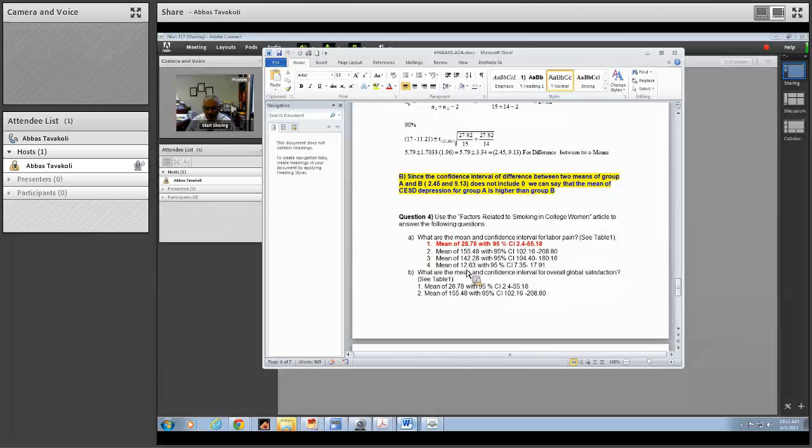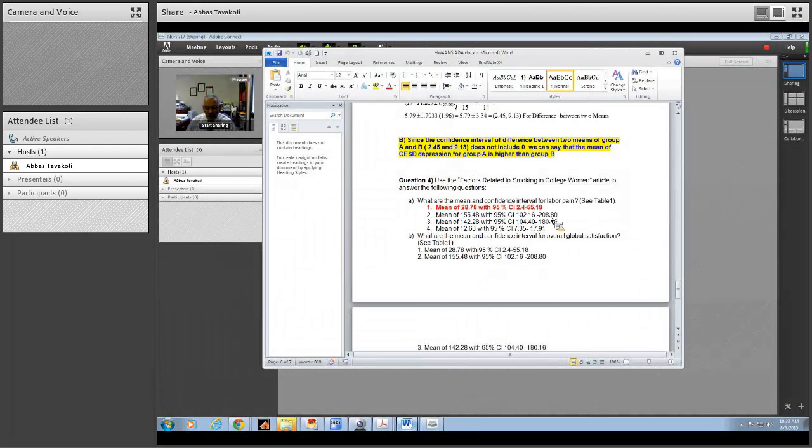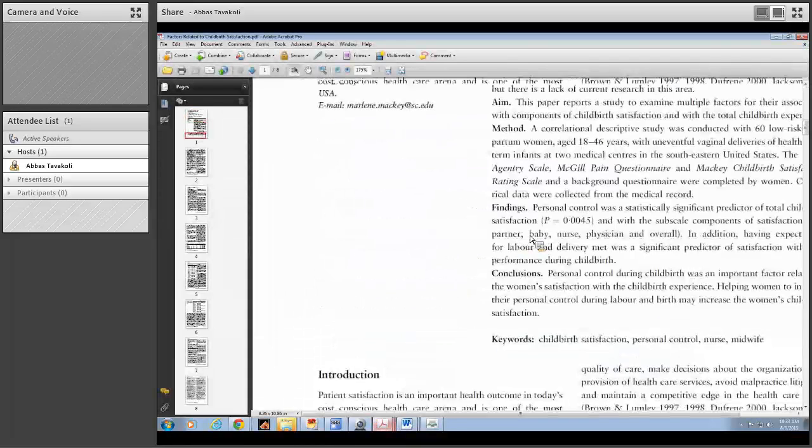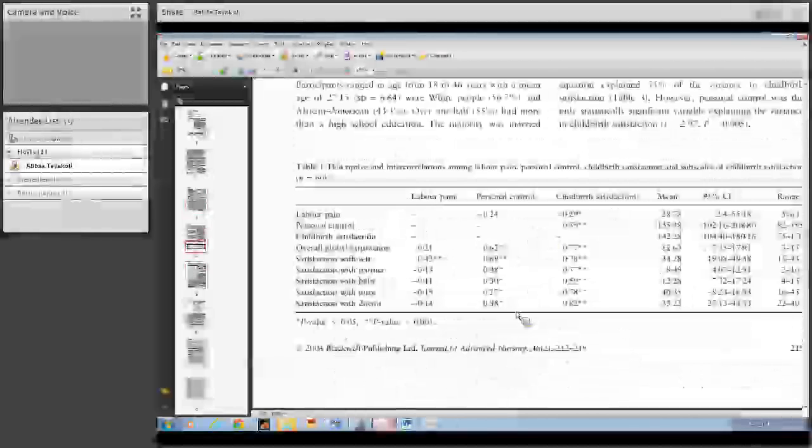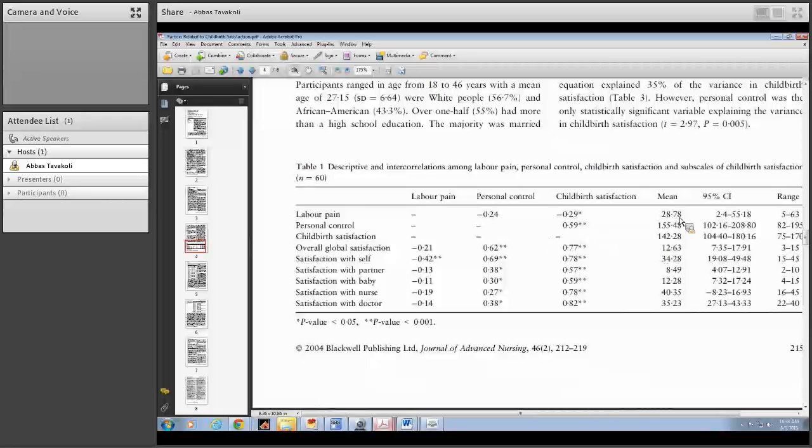Now, for question 4, I ask you to look at the manuscript and answer this question. What are the mean and confidence interval for labor pain? If you look at table 1 of this manuscript, for labor pain the mean is 28.78.